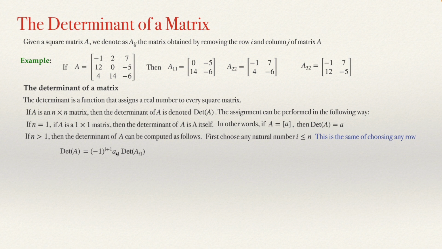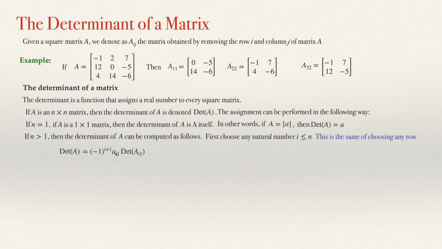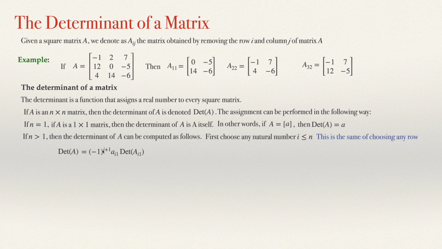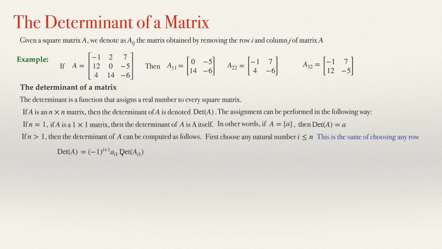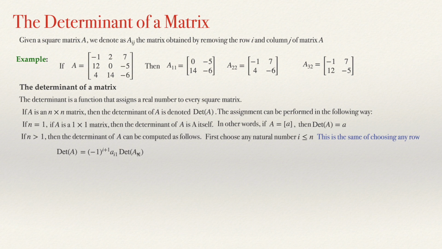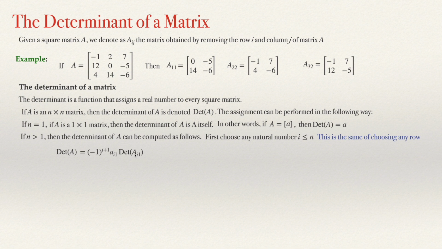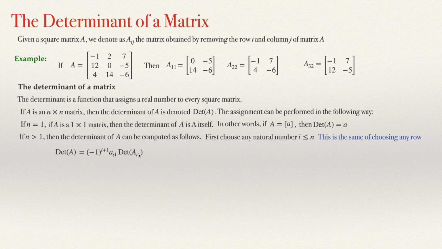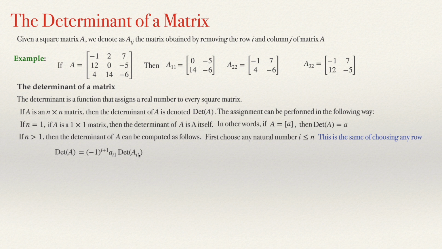This A sub I1 is the first element in the row I, the row that I have chosen. I chose I, remember. This minus 1 is to the power I plus 1. Again, here appears the same I. And this is multiplied by the determinant of the matrix in which I have deleted the row I and the column 1.